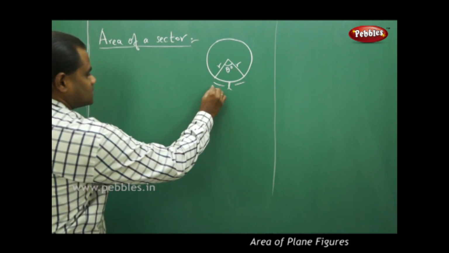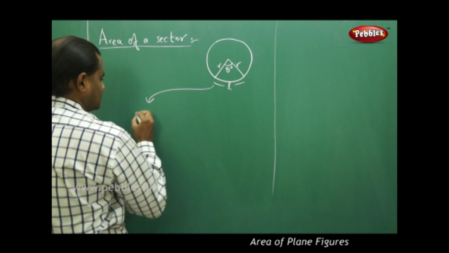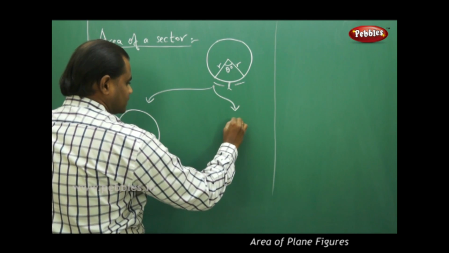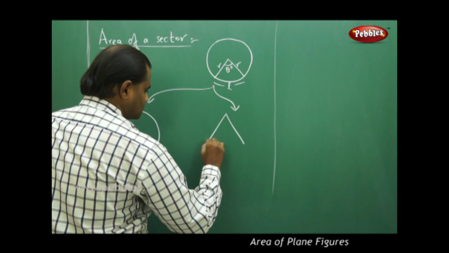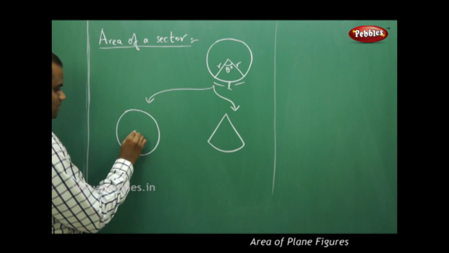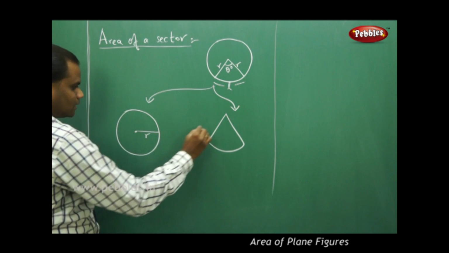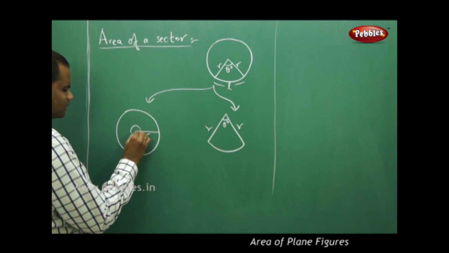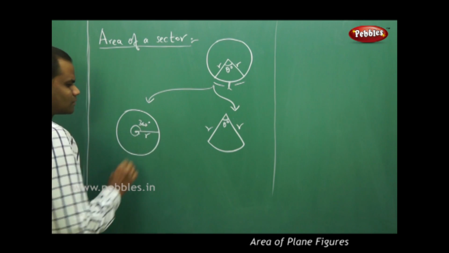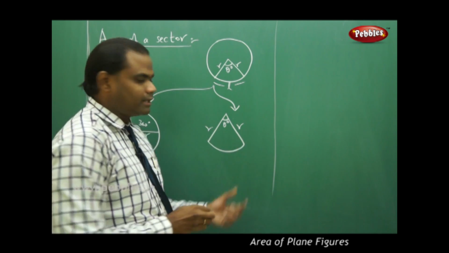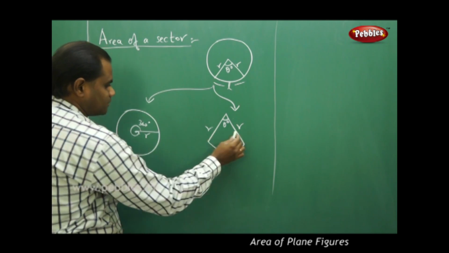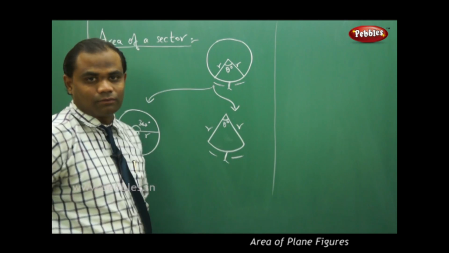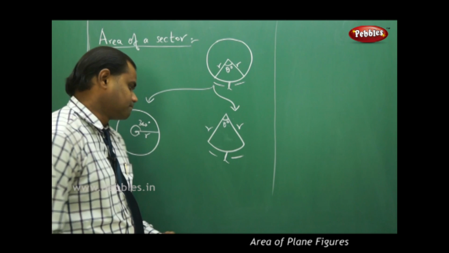Therefore, if I divide the whole circle and then the sector, I observe that the radius being r and r, this being theta, the whole angle here would be 360 degrees. So the angles and the areas of the circle and the sector would be in the same proportion, with this being the length of the arc of the sector.